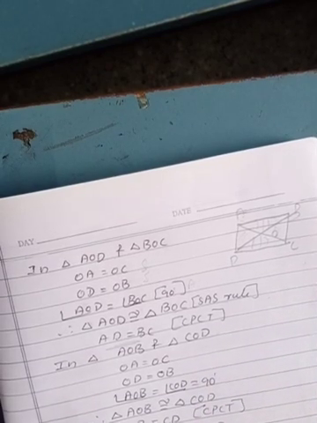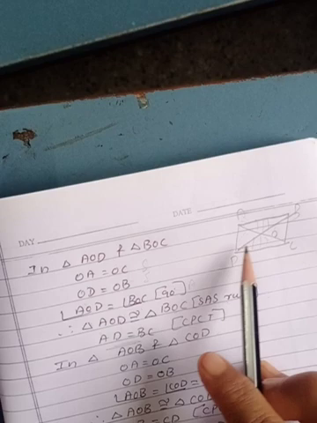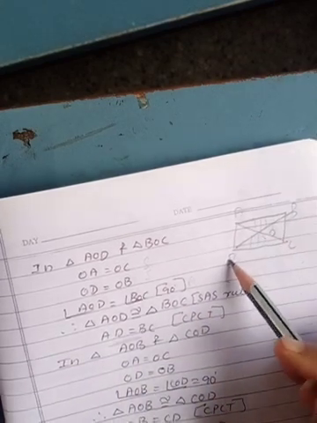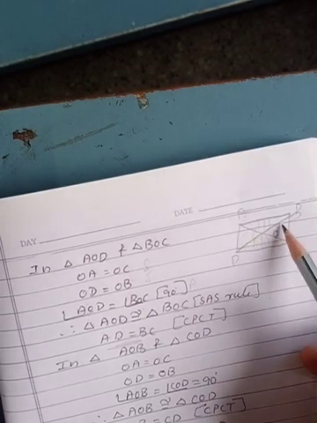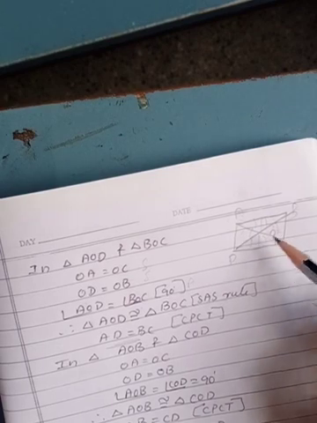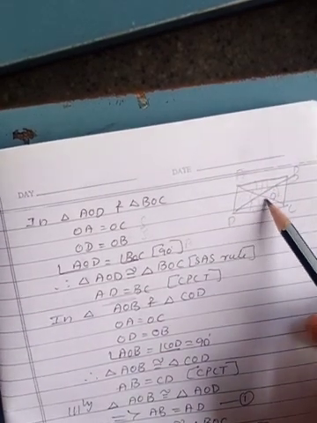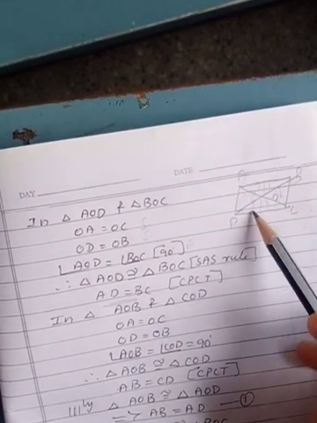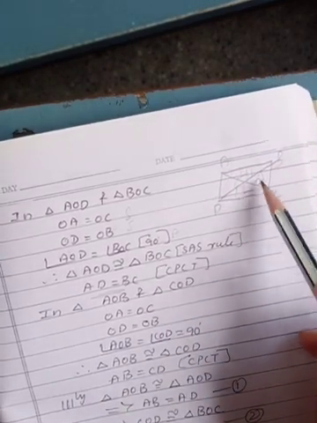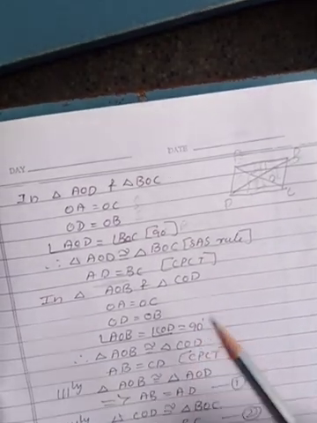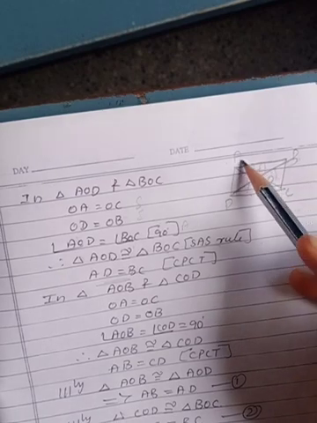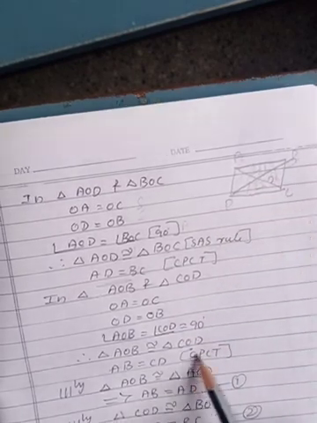There also OA is equal to OC, OB is equal to OD, and angle AOD is equal to BOC, so they become congruent. In the same way, take these two triangles. In this also OA is equal to OC, OB is equal to OD, and angle AOB is equal to angle COD, 90 degrees. Even these two become congruent, which means AB will be equal to CD.